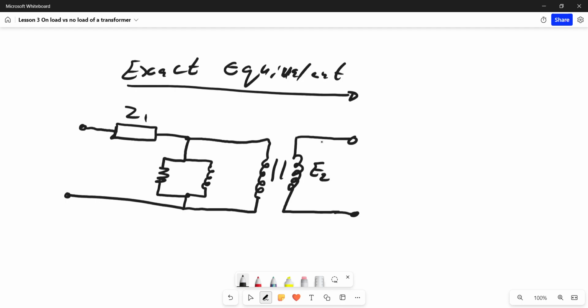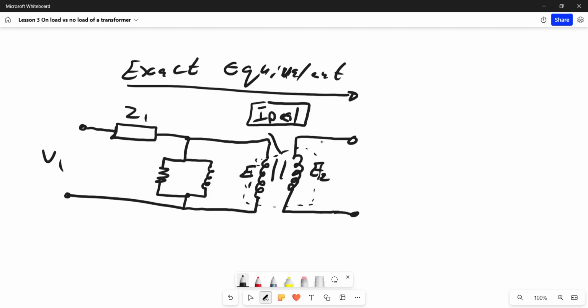This is E2, this is E1. This part we call it ideal. It is ideal because if you consider this portion of the circuit, there is no resistance. It is a perfect transformer, so we call it the ideal part.